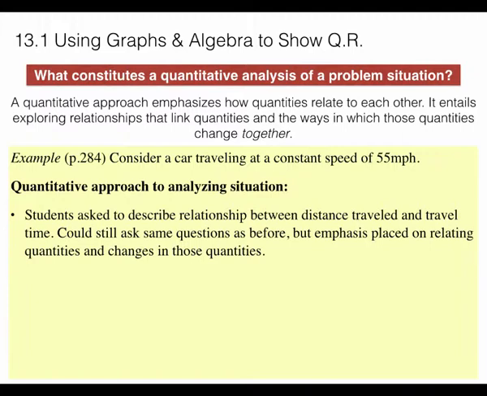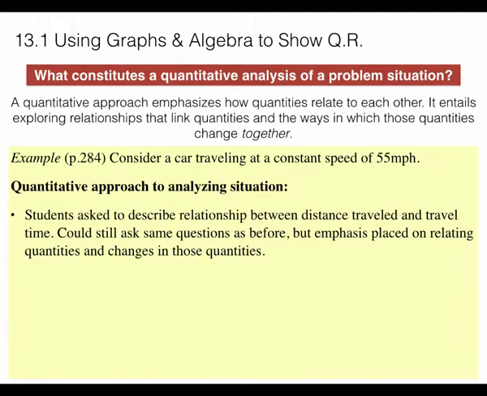If we know that a car is traveling at 55 miles per hour, what do we know? What does it mean to say that a car is traveling 55 miles per hour? Not a trick question.